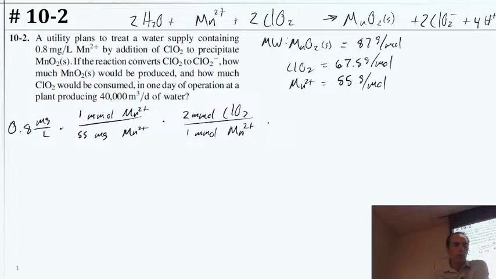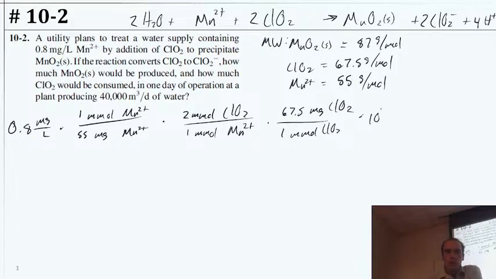From there, we want to convert back into mass of chlorine dioxide, so we will take 67.5 grams per mole, going to say milligrams per millimole of chlorine dioxide, and then convert from milligrams to kilograms. We can say it's 10 to the minus 6 kilograms for every milligram. And then we're going to do that because we've got a large amount of water to treat.